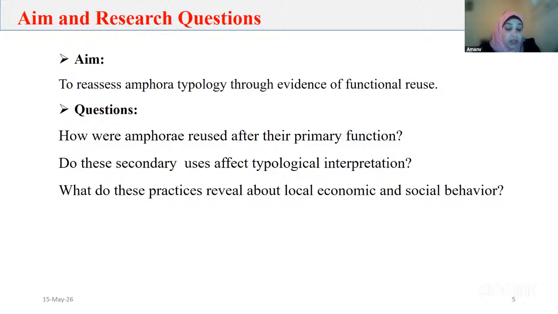Third, what does this reveal about daily life and the economy? To answer these questions, I combine typology with archaeological context, use-wear, and the depositional evidence. This allows us to move from a static system to a dynamic understanding of the amphora life cycle.